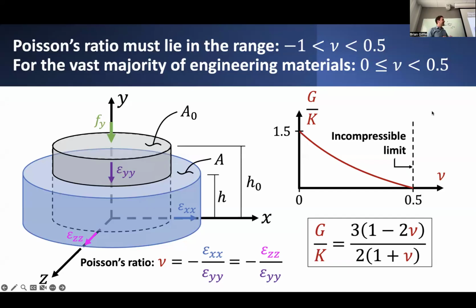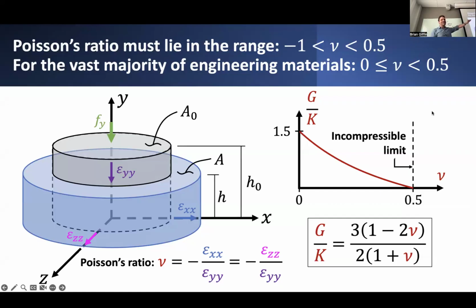And that situation where either bulk modulus gets really big or shear modulus gets really small implies that the ratio will go to zero. But it'll tend toward a limit, where the Poisson's ratio will approach a value of 1/2.